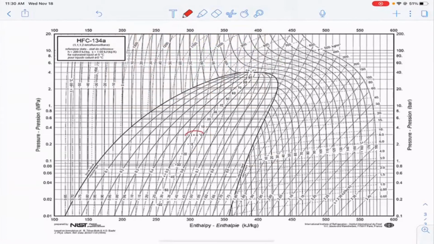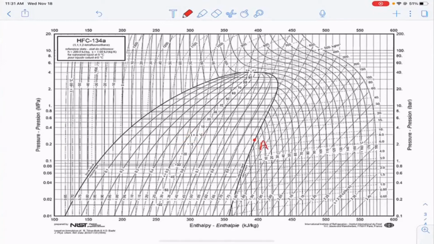So this line here is 0, and this here is -10. So if I know point A is at -6, I'm going to find a point that's just a little bit beyond the middle of those two. And when I do that, I will immediately go straight down and try to read off the enthalpy.